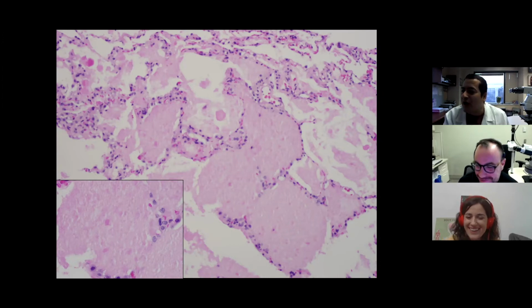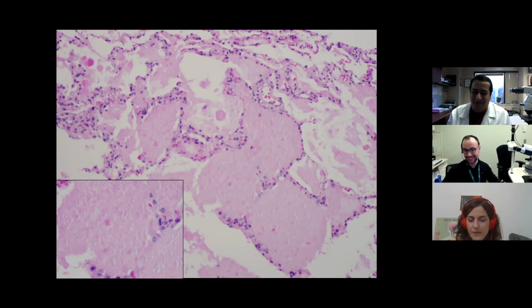If you ask them, well, what would you do if this is PAS negative? Then they're like, case report, obviously. Case report. I just hate when pathologists say this is slightly PAS positive, because what is slightly PAS positive? Yeah, what isn't slightly PAS positive?